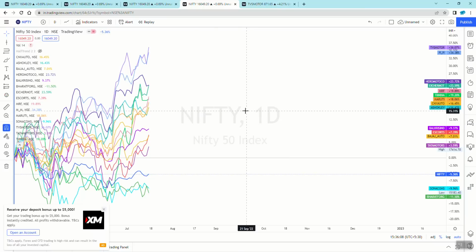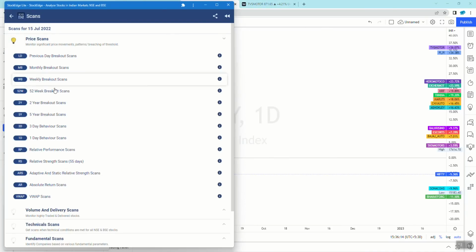There are beautiful tools which give you better information on how to identify it, and I'll definitely recommend getting into the scanners of Stockedge, where you can use the relative strength index of 55 days and the adaptive and static relative strength indicator scans as well.